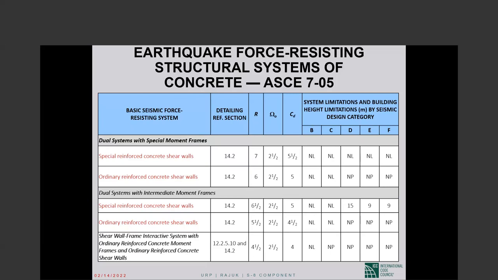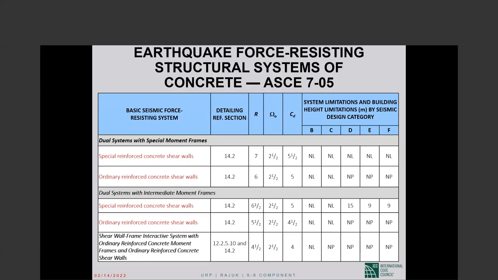This is called the interactive analysis. Typically, you provide rigid links in between to indicate the diaphragm coupling, and you analyze under the code prescribed seismic forces. And then you do a second analysis of the frames only under 1/4 of the design lateral forces.